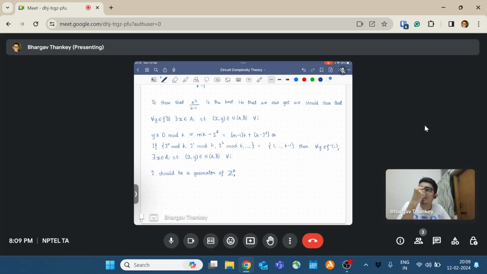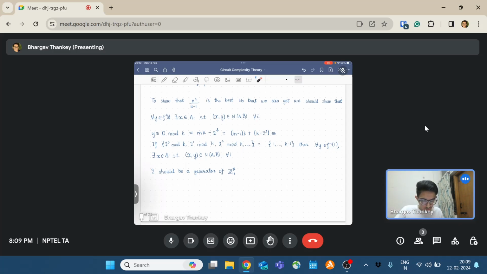When you are subtracting, you would get something like this, right? And what I want to argue is that k minus 2 to the L is an element of the group.